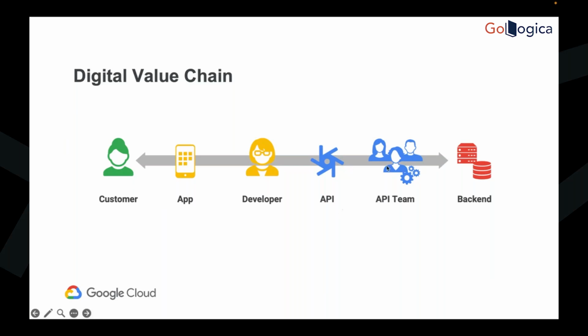APG will only expose the backend service to the outside world. So APG will enable this API to be consumed by some outside developer. It will take care of security, performance, rate limiting, all those other things.